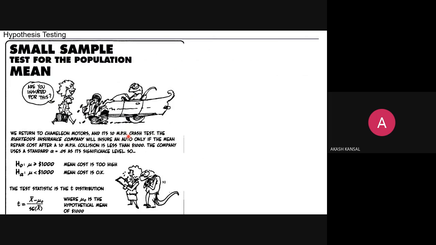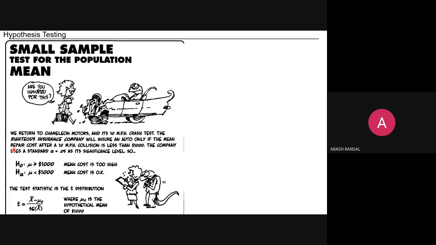Moving on, let's talk of another example where we have a very small sample, and we want to test for the population mean. Let's say we have a company called Chameleon Motors, and there is a crash test that they do. They try to crash the testing vehicles into some obstacle at 10 miles per hour.